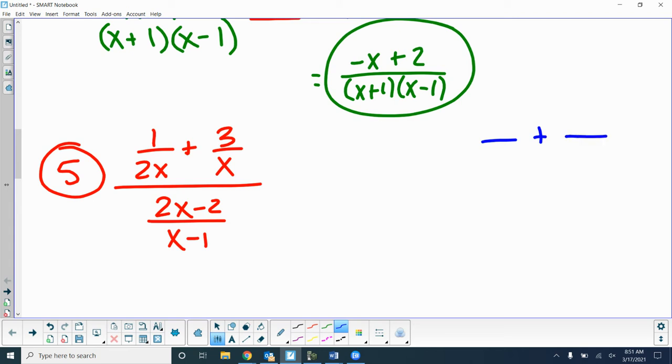No. So what shows up? A 2 and an x. That's my common denominator. The original was 2x. The common one's 2x. So my first numerator stays 1. The second denominator was x. I made it a 2x. So what do I got to do to the 3? Multiply by 2, right? Well, when I add 1 over 2x plus 6 over 2x, I get 7 over 2x, don't I?